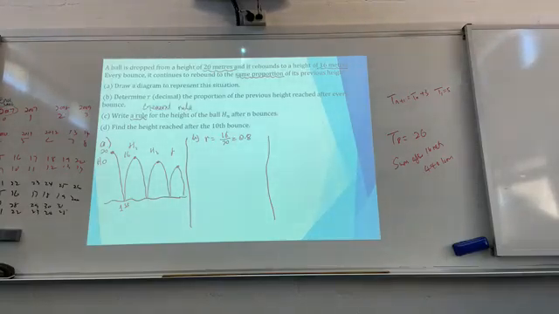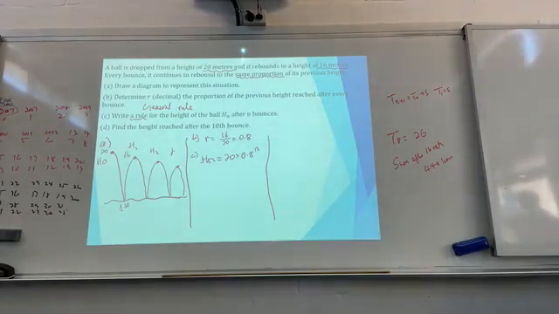So part C, Hn is therefore 20 times R, which is 0.8, to the power of n. So after the first bounce, it's 20 times 0.8, correct? So n equals 1, not n minus 1. Everybody okay with that? Yeah?